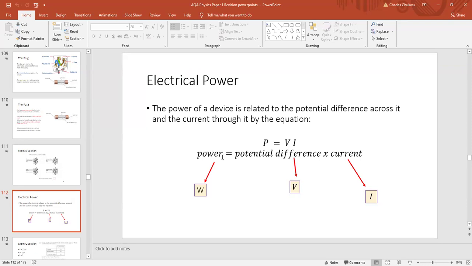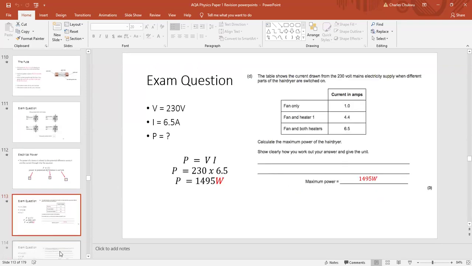All right. So there's not really a definition for power, but it's related to the potential difference across the device and the current that is passing through it by that equation.